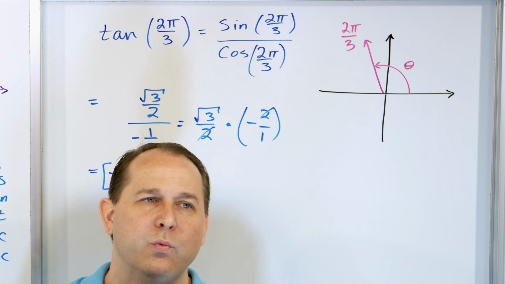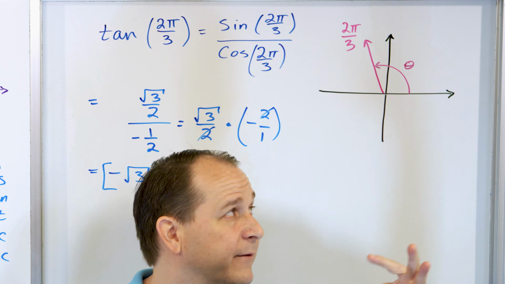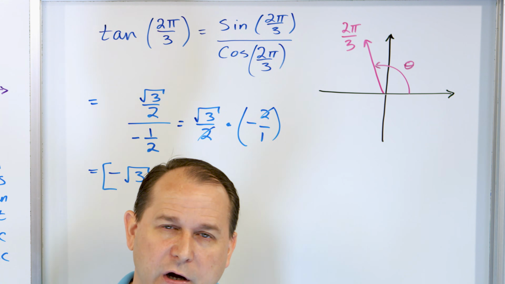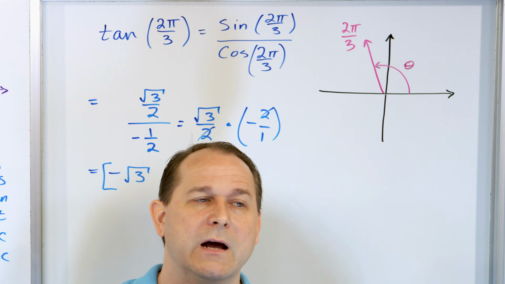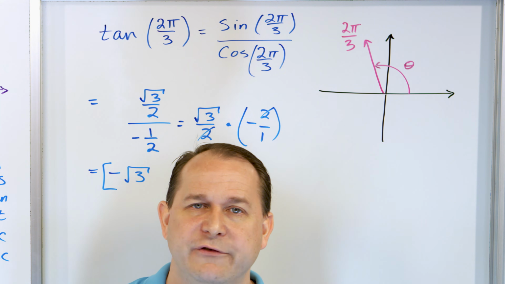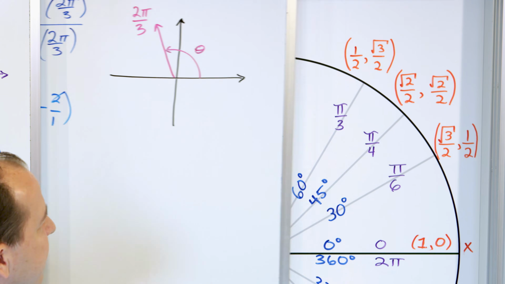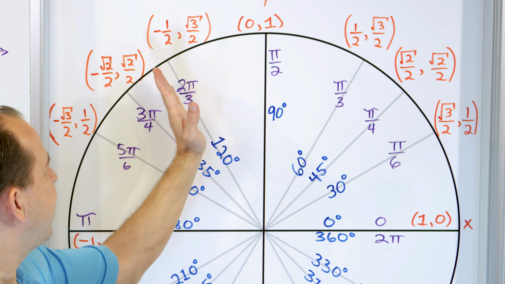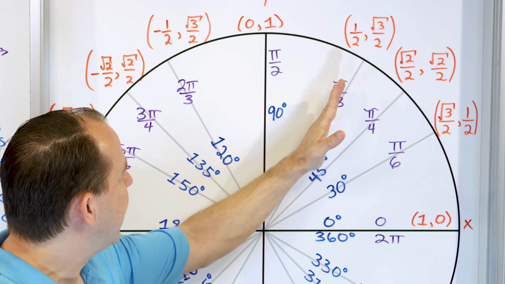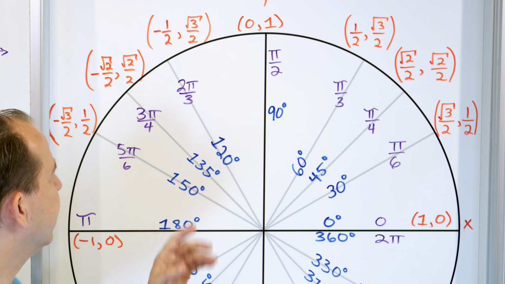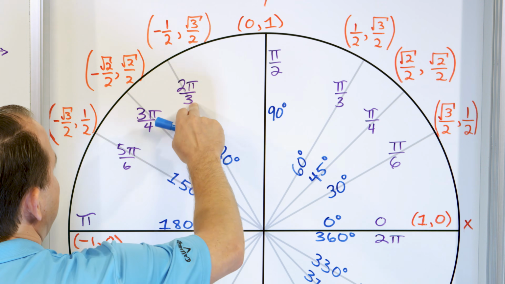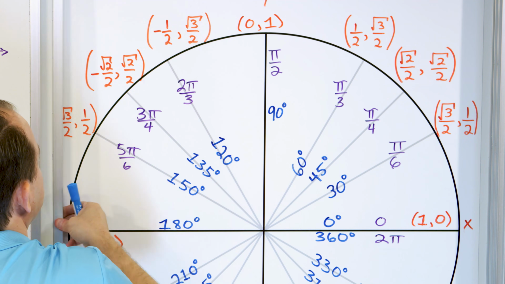Now I grant you, we had to do some mental gymnastics to figure out what the sine and cosine of those angles are, but I'm trying to teach you by doing, how you would go about doing it. Let's check ourselves. The tangent is not written on the unit circle, but we can certainly check. Is this angle correct? It is 2 pi over 3: pi over 3, 2 pi over 3. Okay, this is all correct. The sine of that is this number, positive square root of 3 over 2.